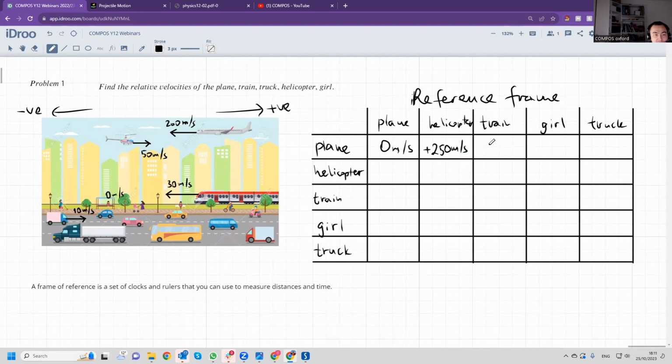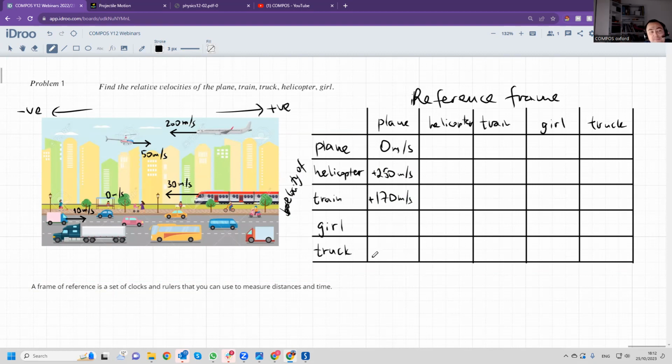Sorry, no, that's not how I intended it to be. If you are in the plane, the velocity of the helicopter is plus 215 meters per second. If you're on the plane, you look down and the train is moving backwards relative to you at 170, so it's plus 170 meters per second.